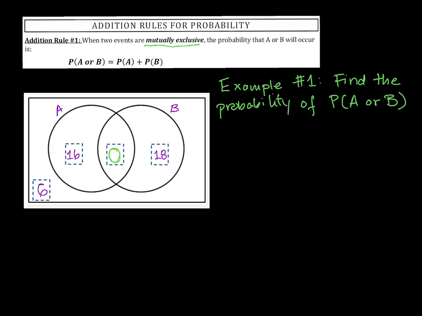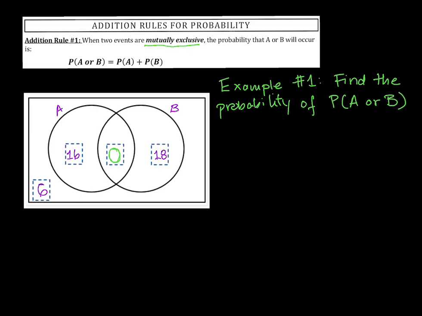A and B don't share anything at all. Even though it's drawn as overlapping, it's probably easiest to think of it as there being nothing in the overlap of the circle for event A and the circle for event B, all right?